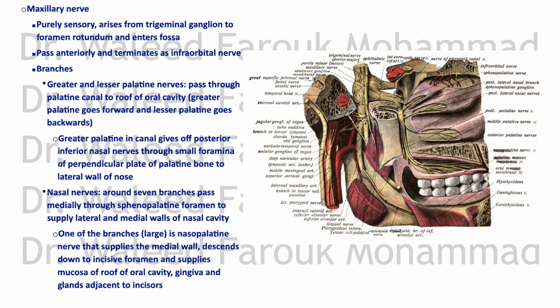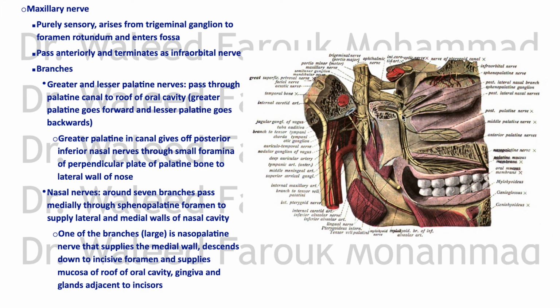So maxillary, the one we're talking about today, is purely sensory. It passes anterior in the fossa, and you can consider the infraorbital nerve as the terminal branch.